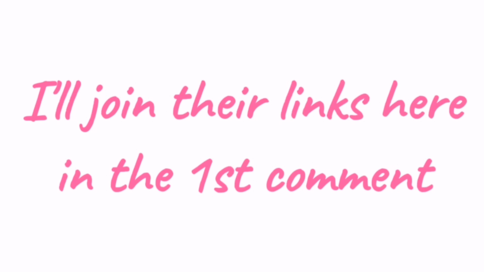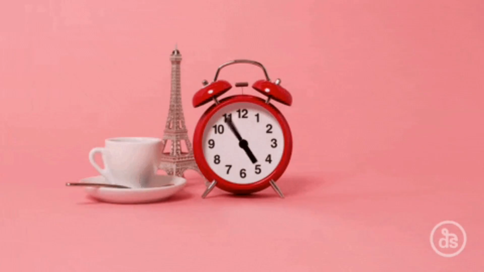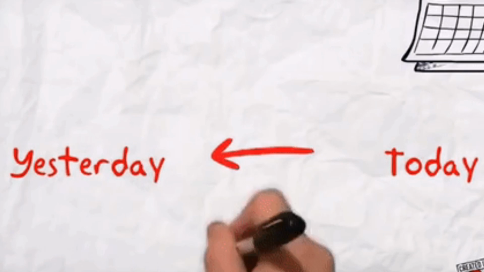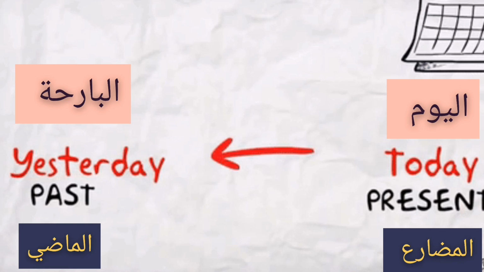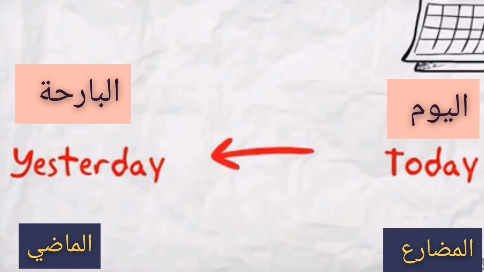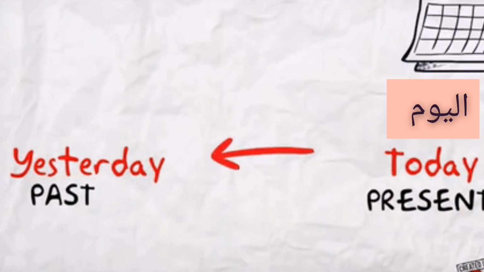Now let's dig into our new lesson, the past simple tense or the simple past tense. So let's see what the simple past is. As you see here, we have the present, meaning today, and we have yesterday, that we are talking about the past.